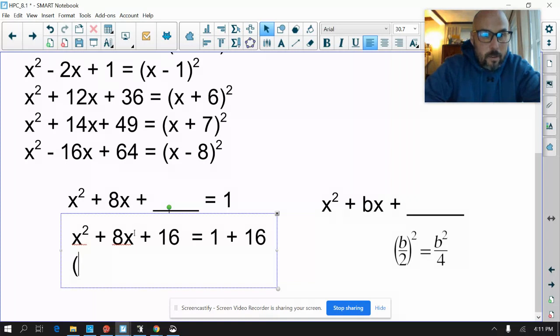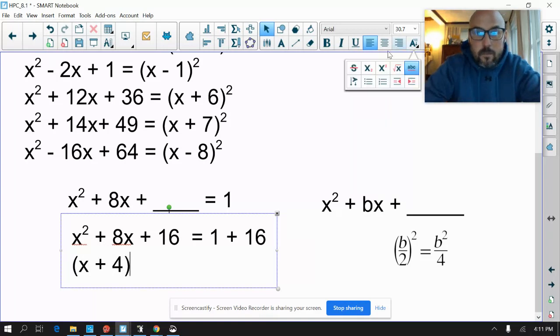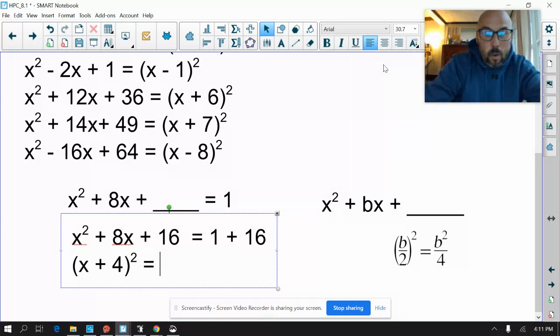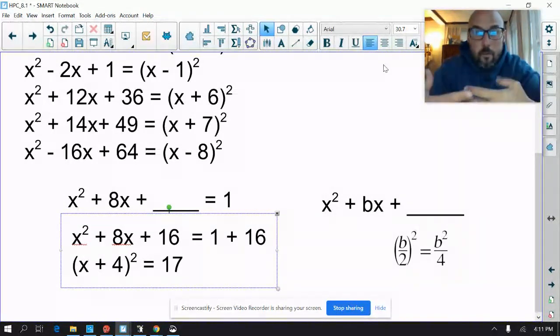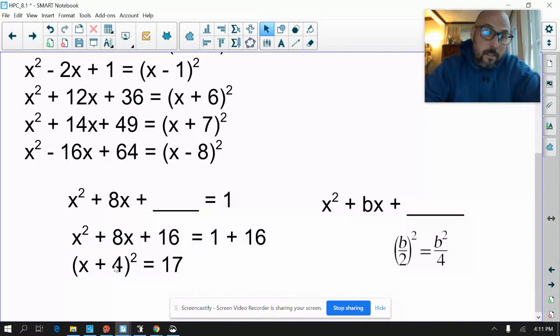Well, this trinomial factors into x plus 4 times x plus 4. So x plus 4 squared. And then 1 plus 16 is 17, and then I can continue to solve. You can take the square root of both sides, subtract 4, and then you're done. But I'm really concerned with getting this far. And that's what your homework is today, your practice.